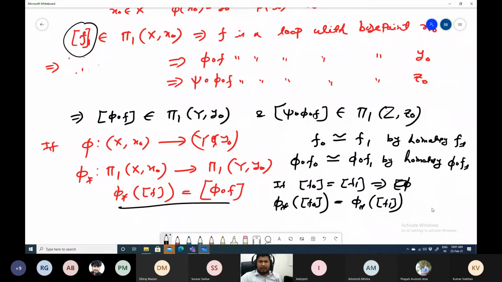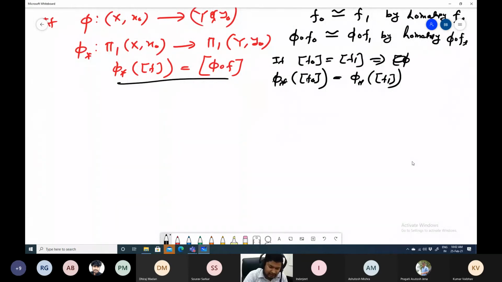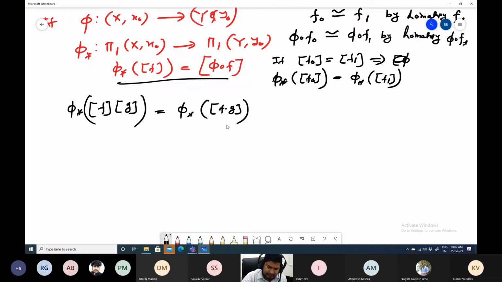Okay. Now also it is a homomorphism. Why? Now this is again simple. Now tell me what is phi star of f dot g? By definition, this is phi composed with f dot g. Right.